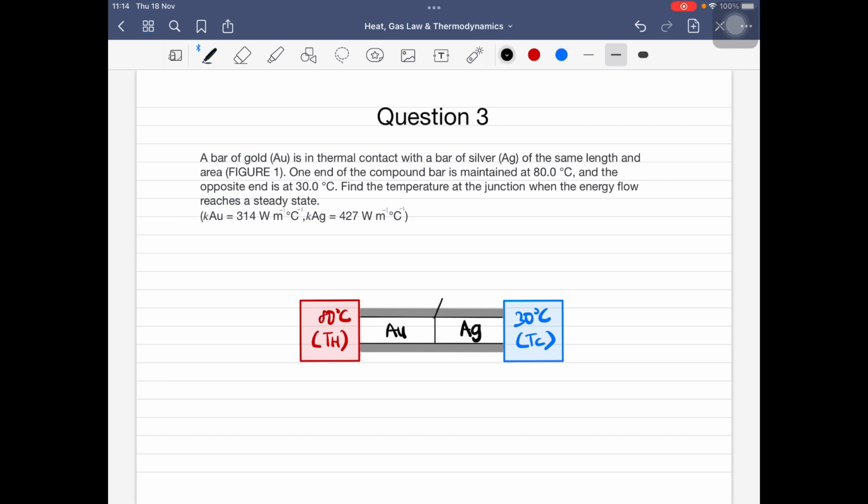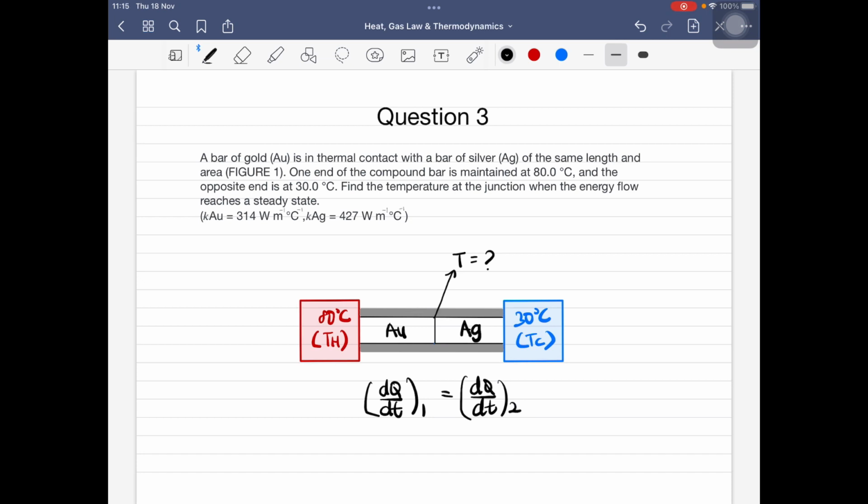They will reach a temperature, and that is the temperature we're looking for in the question. For that, the equation will be dQ/dt, the rate of heat flow for the first metal, equal to dQ/dt for the second metal, which is silver.